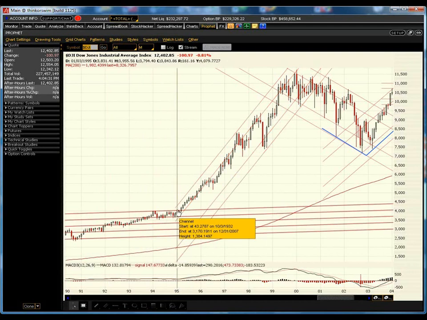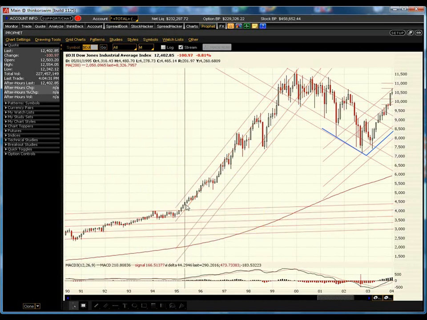You know, that was only 13 years ago. And look at the kind of run we had from 1995 all the way to 2000. That was a pretty dramatic increase in prices there. And then it backed off, and it did fall, but you know what? It never went below that.